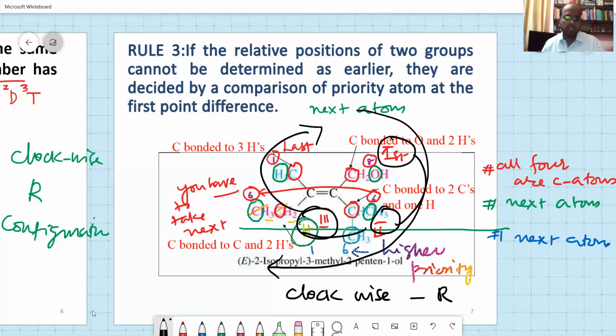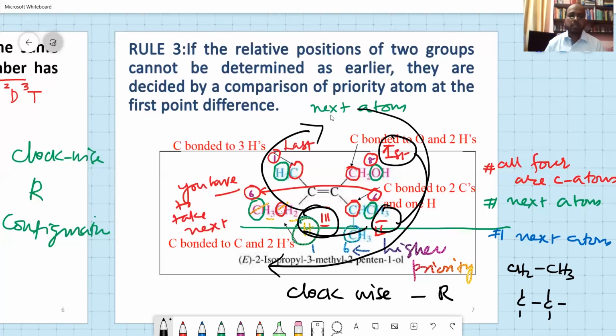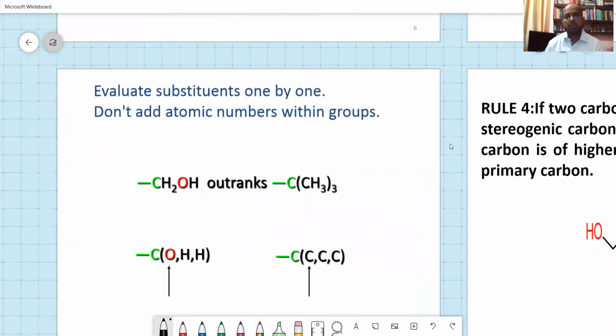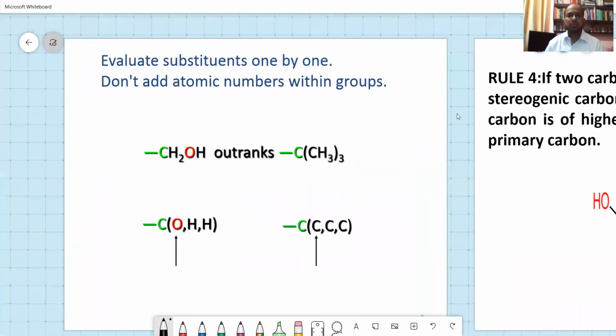So you have to look at it this way: suppose I write CH2, CH3, the bonding is actually like this, CC, and then the rest of the things are like this. Okay. Make a habit of satisfying the valence of the carbon atom. That will help you to understand the priorities and the correctness of the structure.